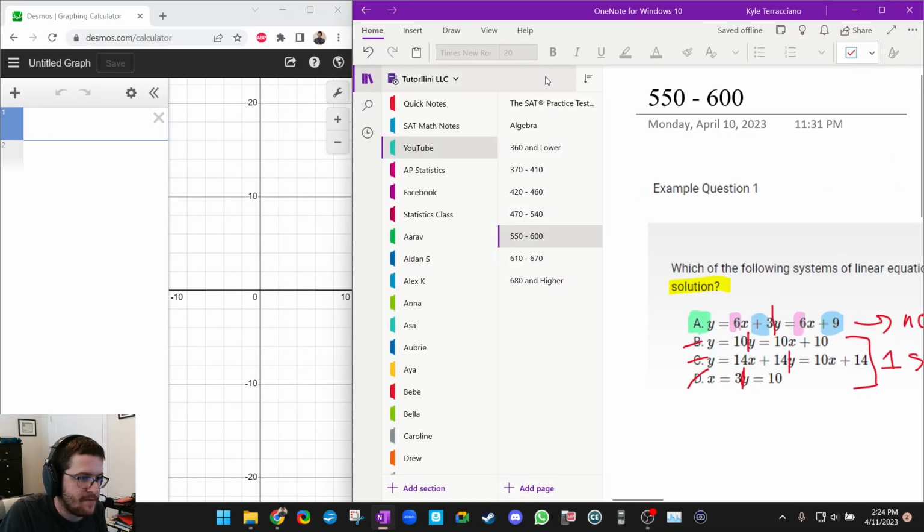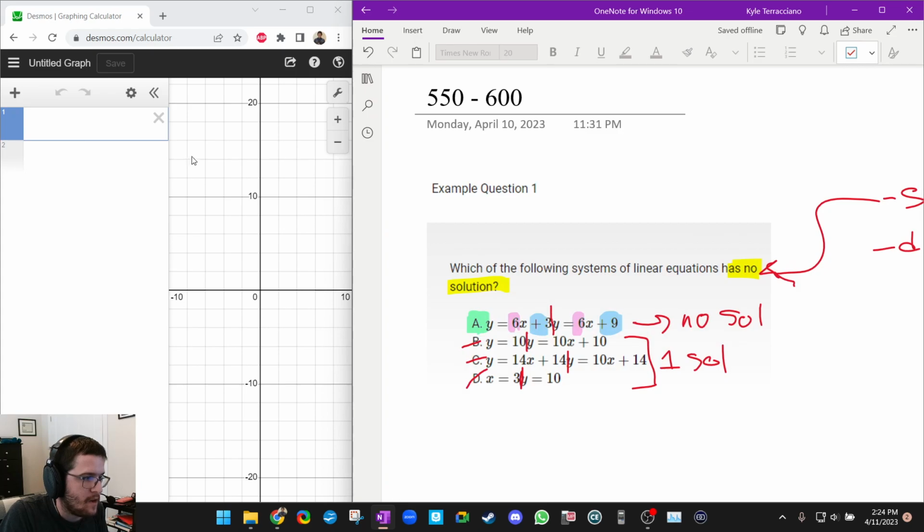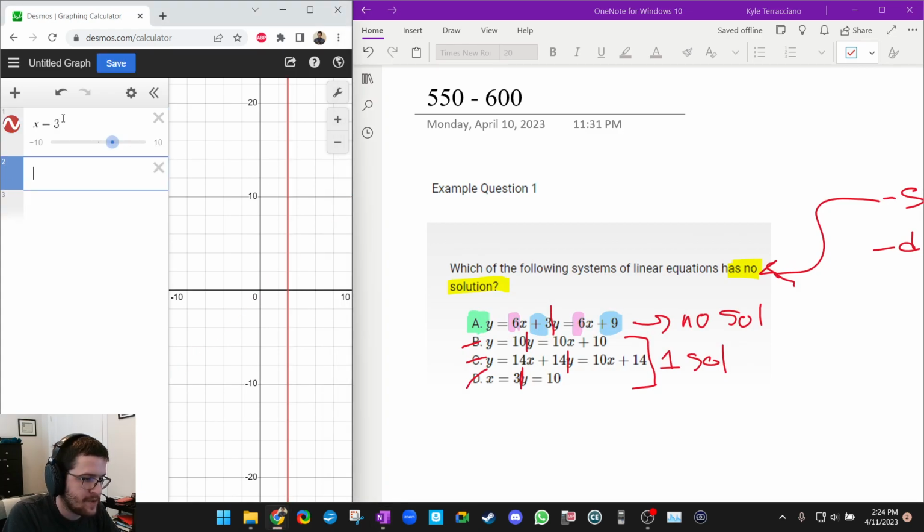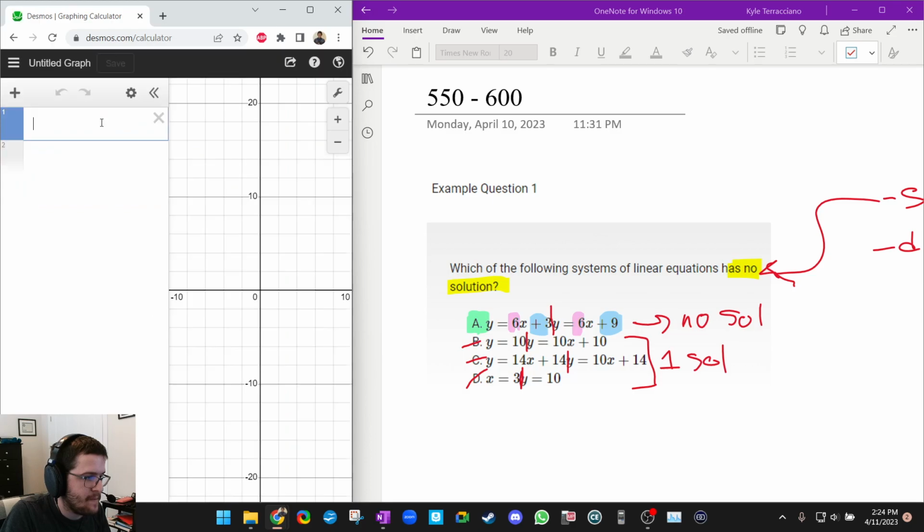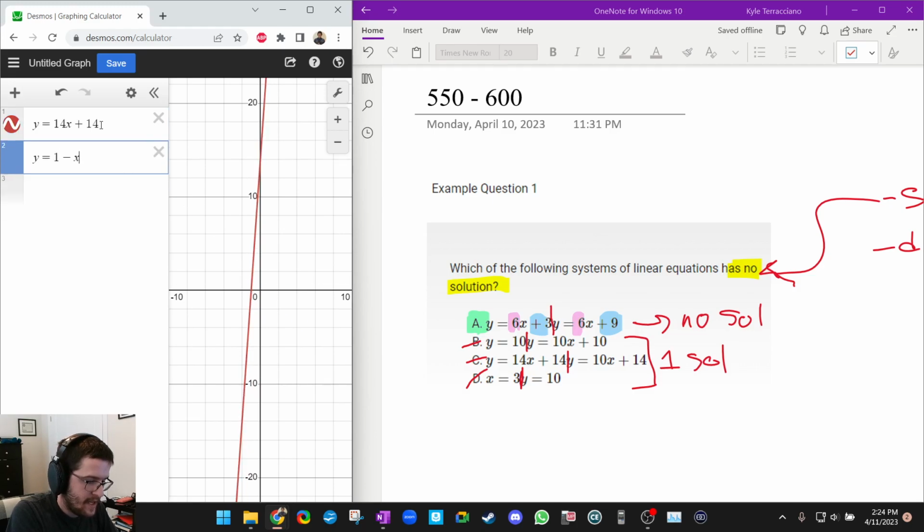Now, alternatively, you could have literally just typed all these in. So watch, let's do x = 3, y = 10. Okay, that has one solution. It's not that one. All right, let's do y = 14x + 14, and then y = 10x + 14.